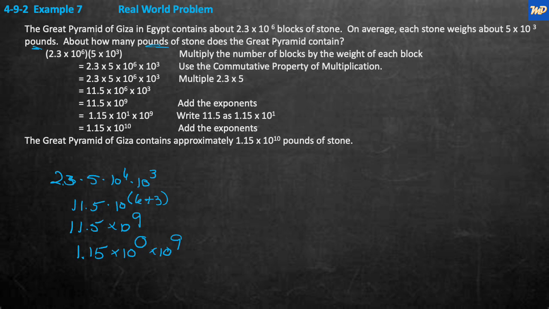So 10 goes right here, gets a 1, 10 to the first power. So 1.15 times 10 to the 1 plus 9 is 10. So the answer is 1.15 times 10 to the 10th pounds. And I'll write pounds in here.